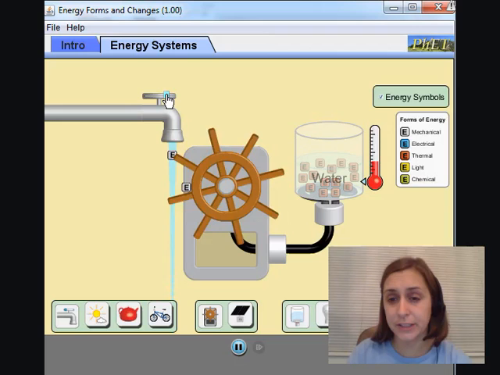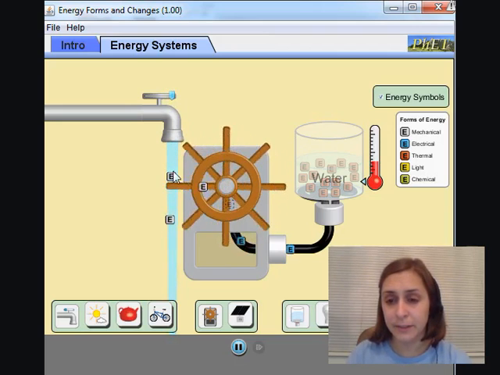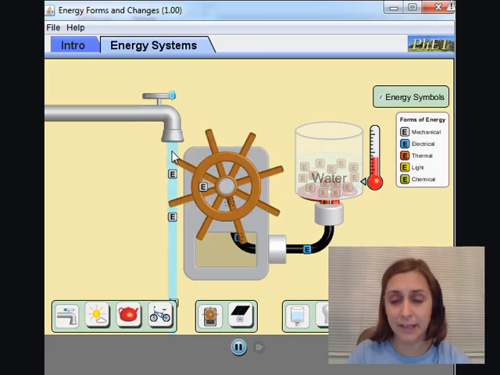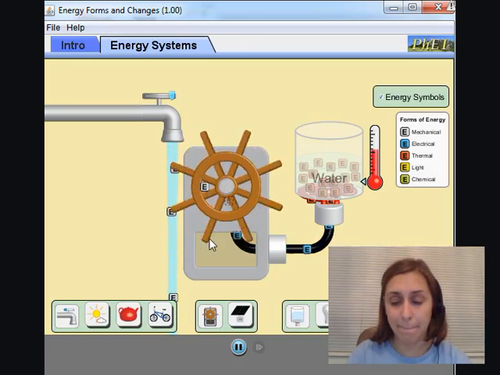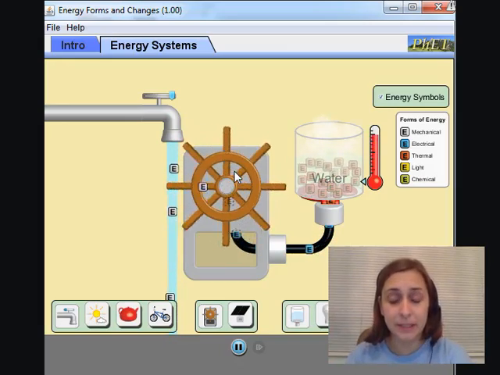Slide the slider to on and observe. Gray boxes symbolizing mechanical energy are coming out of the faucet. The moving water carries mechanical energy because it's moving.